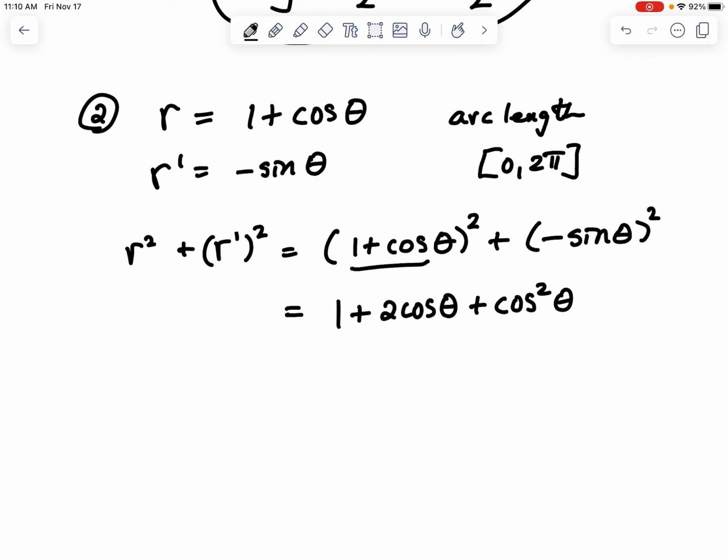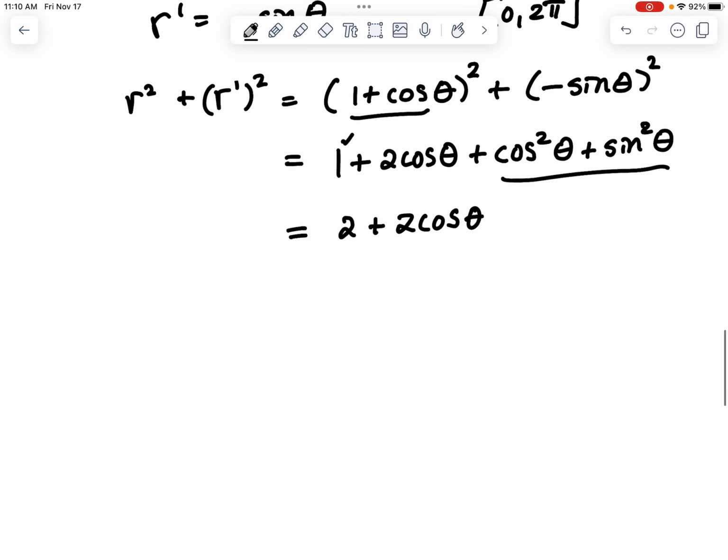Oh, good news, because look at what happens next. It's going to say plus sine squared. And then we could use the good old sine squared plus cosine squared equals 1. Combine it with this first one, and we've got 2 plus 2 cosine theta.